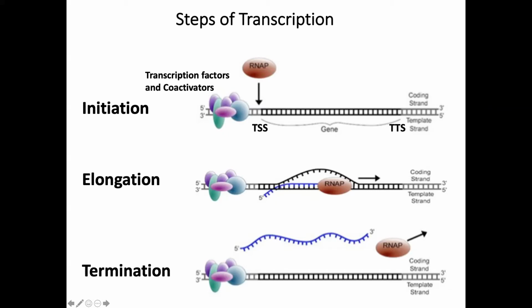So this region actually includes both promoter and enhancer. In this picture, this point has been simplified. Also, please note that both transcription and translation follow the direction from 5' to 3', similar to DNA replication.